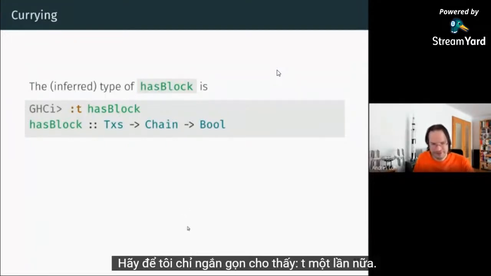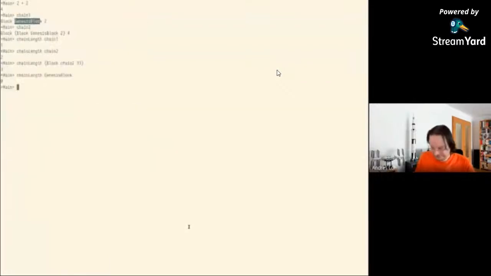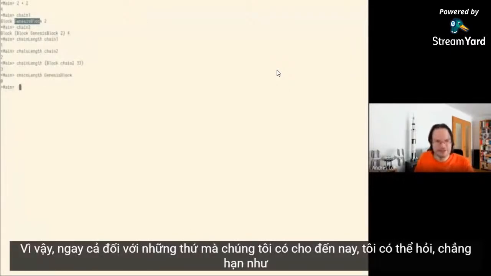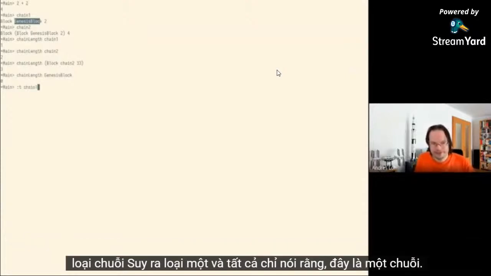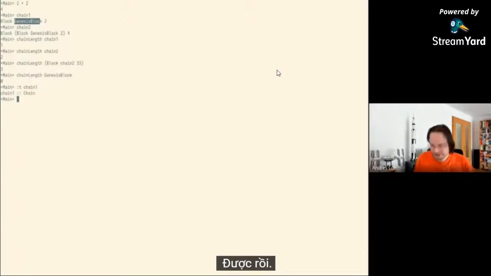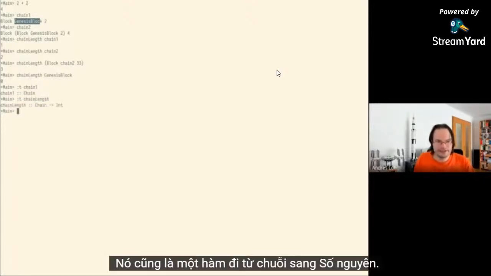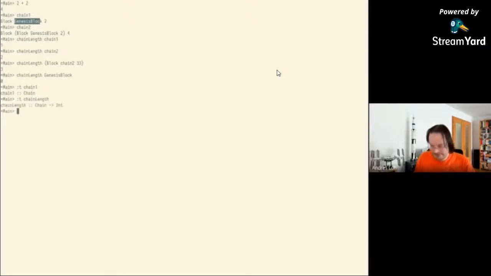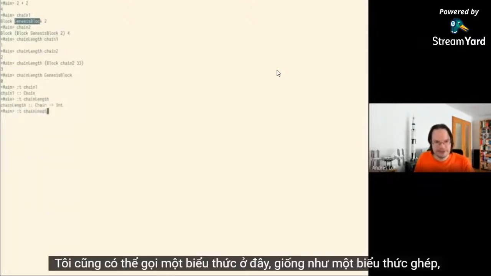Let me just briefly show :t again. So even for the things that we have so far, I can ask, for example, what is the inferred type of chain 1? And it'll just say this is a chain, right? And if I ask the inferred type of chain length, it'll say it's a function that goes from chain to integer. I can put a compound expression here as well.